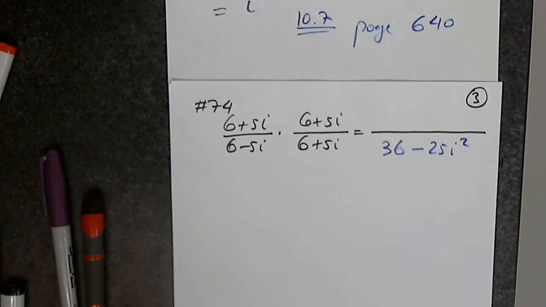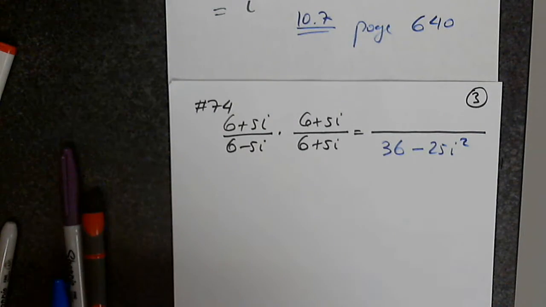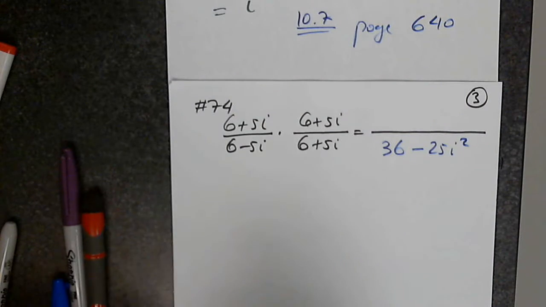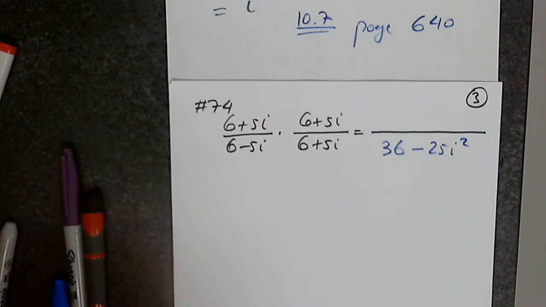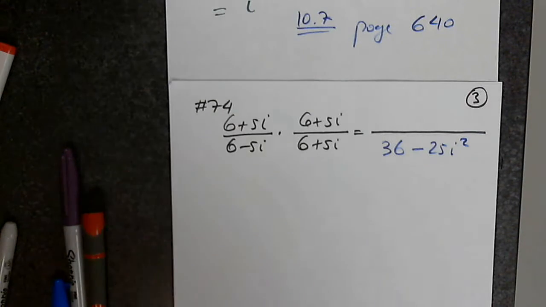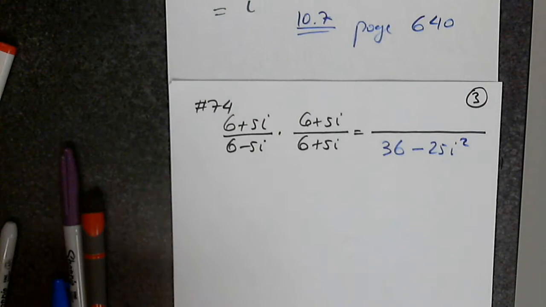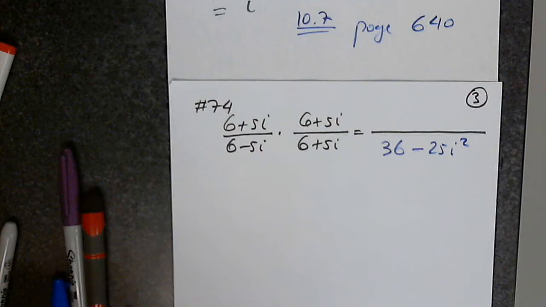What will you write for the top? I hope that you will use the special product that we have an agreement on, because they are the same. First term squared plus 2 times the first times the second plus the second term squared. And I'm ready when you are.